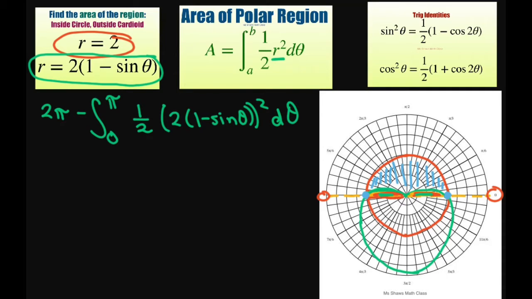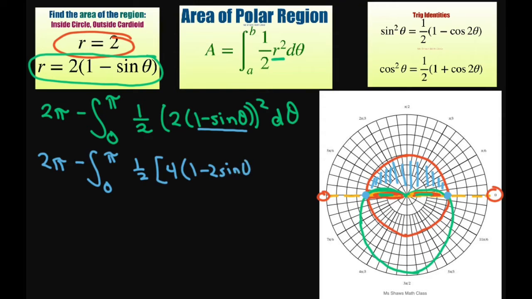All right, expanding this, we're going to get 2 pi minus the integral from 0 to pi of 1/2 times 4. And when you square this, you're going to get 1 minus 2 sine of theta plus sine squared of theta d theta. All right, so this part right here just equals 2.